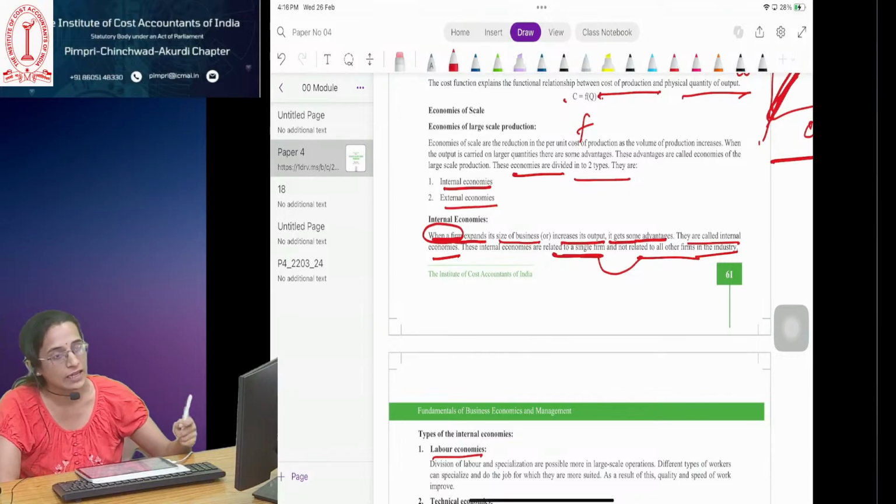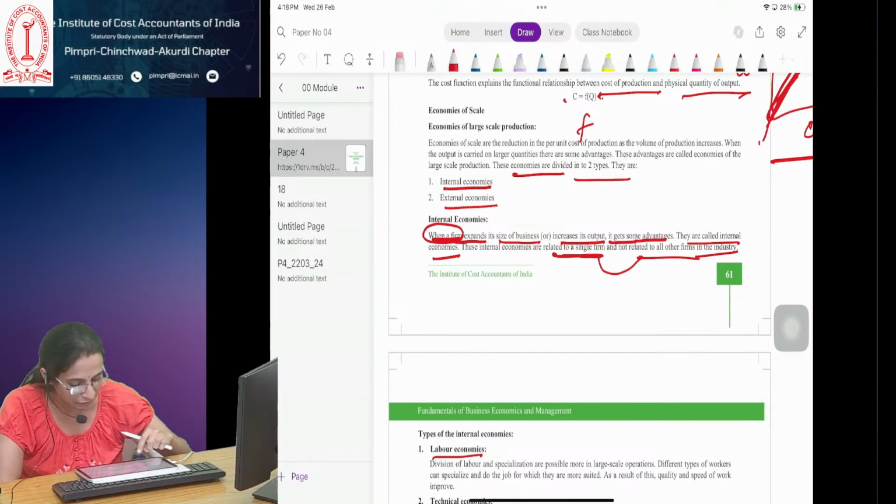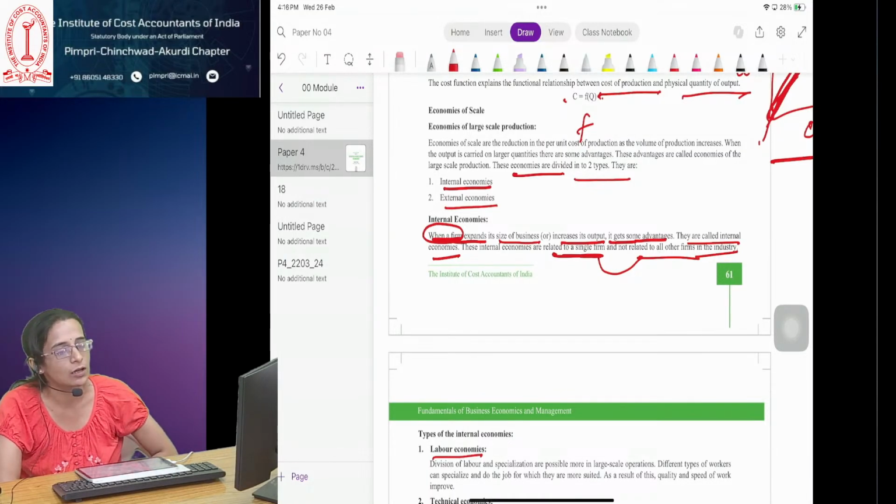Or there can be another scenario, only one car manufacturing company like Mahindra and Mahindra will get that benefit. So you got what is the difference between internal and external?